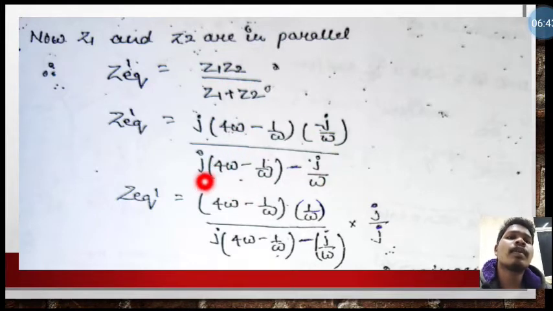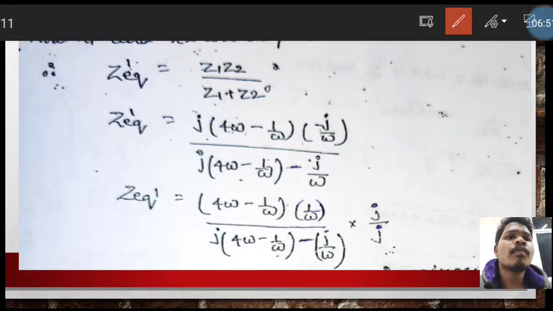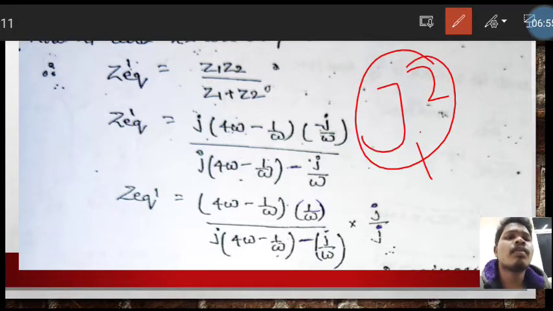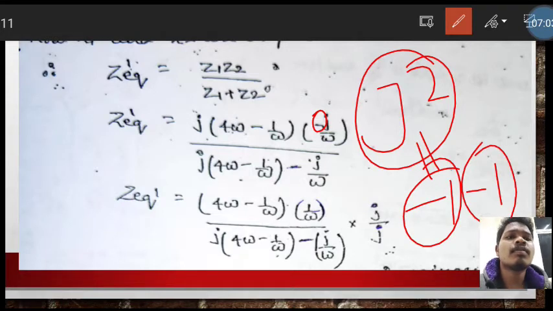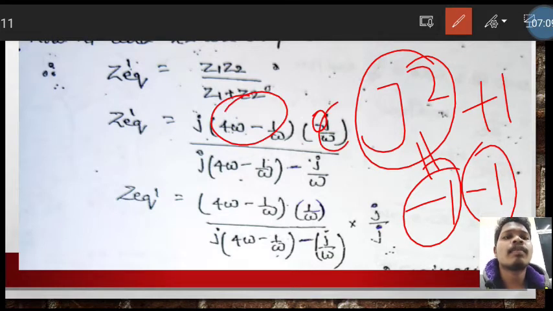After putting the Z1 and Z2 values, see the imaginary term j here and the imaginary term j here get multiplied, then j square will come. We know the value of j square is minus 1. So minus 1 with minus 1 get multiplied, and minus 1 times minus 1 is positive 1. So positive 1 multiplies with this term and this term, then we will get this term.